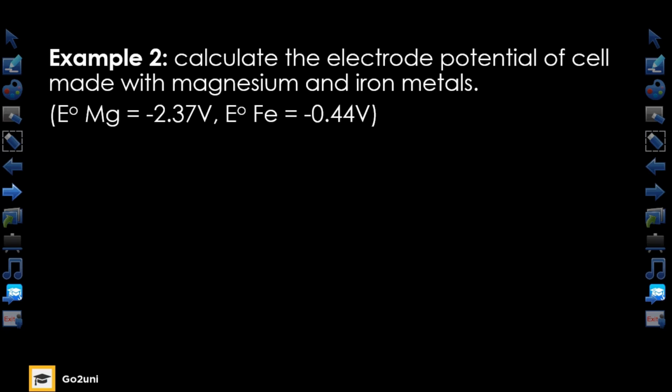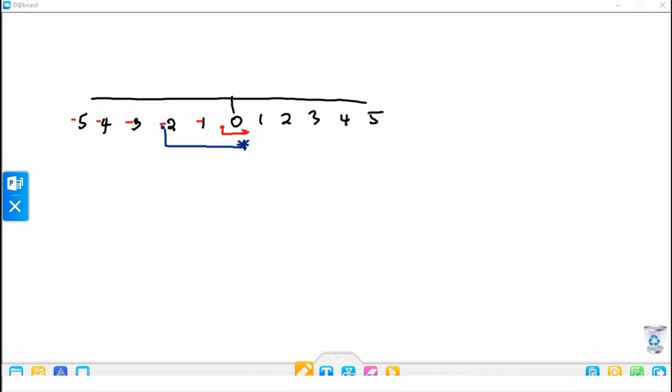Magnesium will tend to lose electrons easily, while iron gains electrons. When you lose electrons, that is oxidation. Gain of electrons is reduction. We have said this countless times. So to calculate the EMF of that system, the EMF is going to be the electropotential, E reduction minus E oxidation.